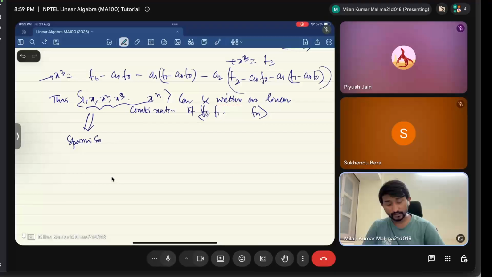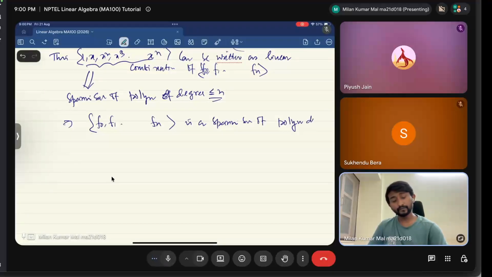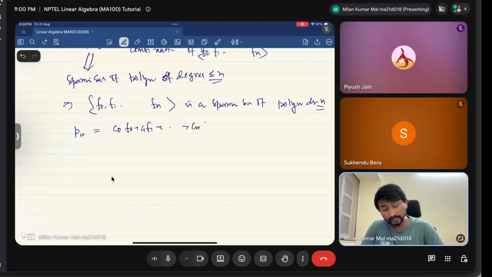In fact a basis. So that gives that f0, f1, fn is a spanning set of polynomials of degree n. So if I consider any polynomial Pn(x), that can be written as c0 f0 plus c1 f1 plus all the way cn fn.